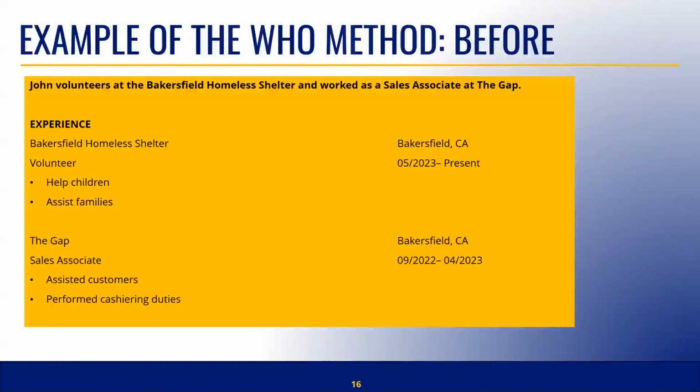It doesn't tell the reader a lot of information of what John was doing for the specific roles. By incorporating the WHO method, it will allow you to strengthen these statements. It will help you stay away from 2 to 3 word statements, and it will also help you because you never want the reader to assume or guess what you were doing in this specific role.